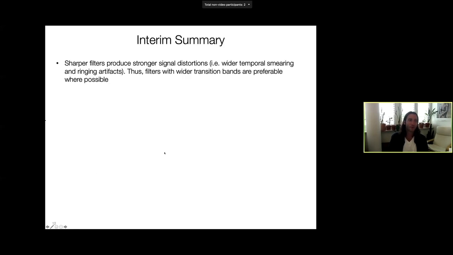The first important point is that sharper filters produce signal distortions, which means wider temporal smearing and stronger ringing artifacts. Thus, filters with wider transition bands are preferable where possible. And this is actually applicable for low-pass filters.